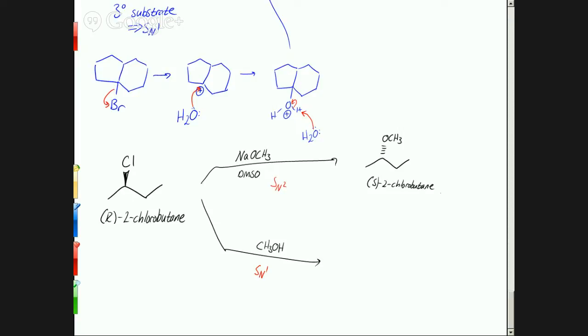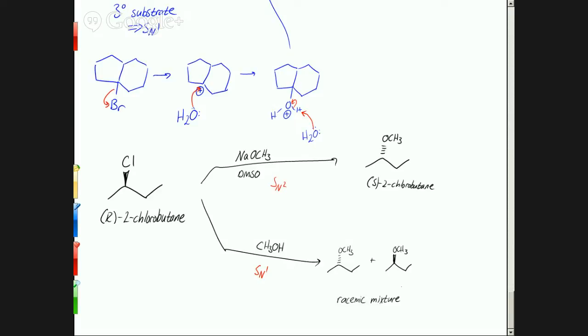Product from the SN1 reaction is a 50-50 mixture of the two enantiomers, which we call a racemic mixture (50% one enantiomer, 50% of the other).